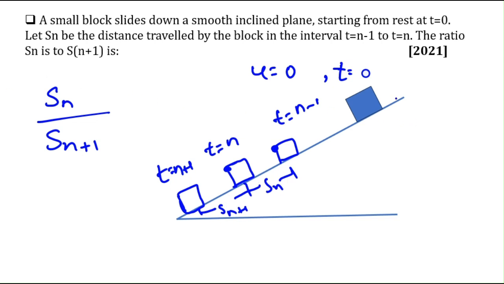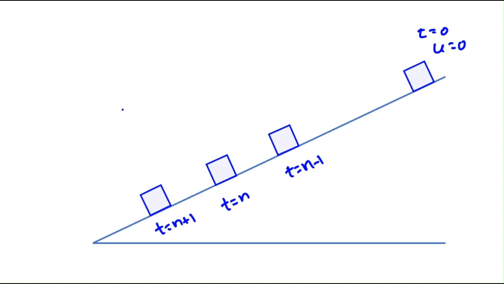So let's take its motion. Let's take up to here. This one is x1, starting from rest, starting from its initial point. If this block travels up to x1 in time n minus 1, let me redraw it for clarity. So here we have the diagram.